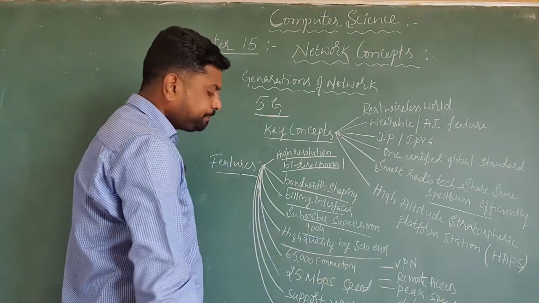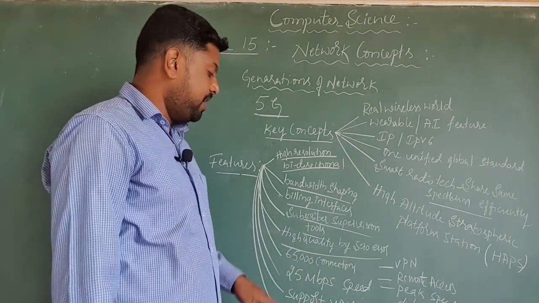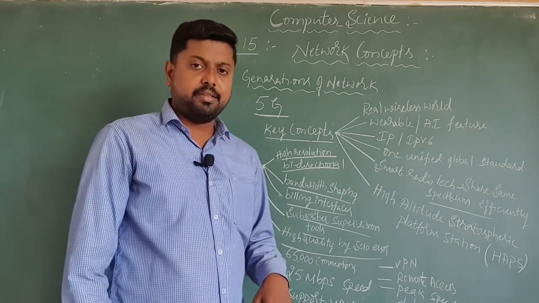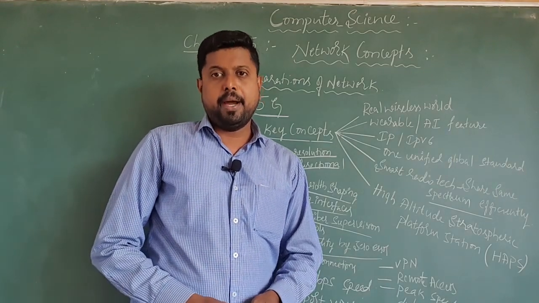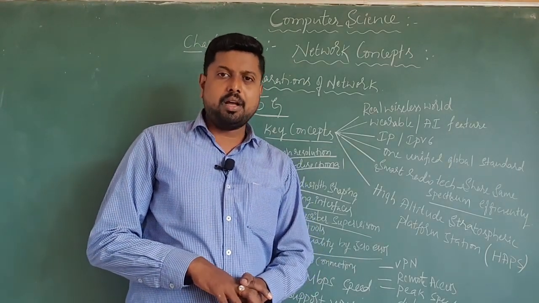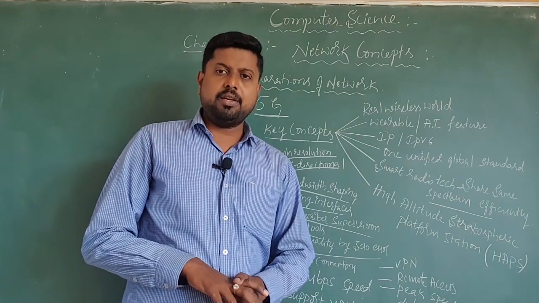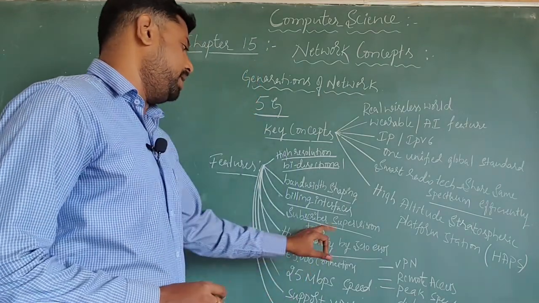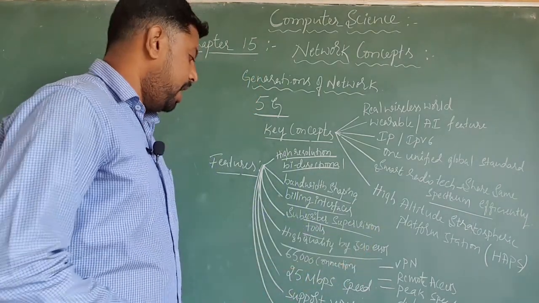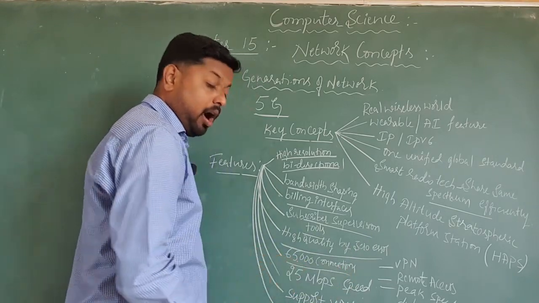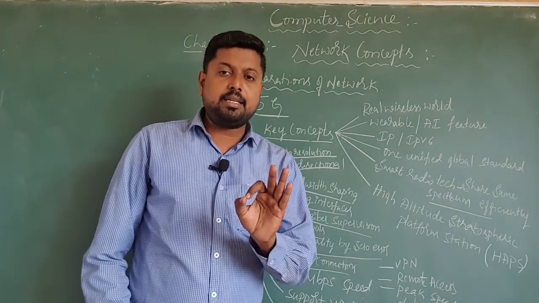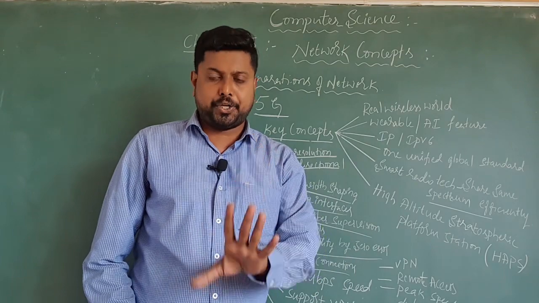And also fifth generation networks will give high quality service with zero error rates. That is also one best feature of the fifth generation, high quality with zero errors. And also it will support around, remember, 65,000 connections.